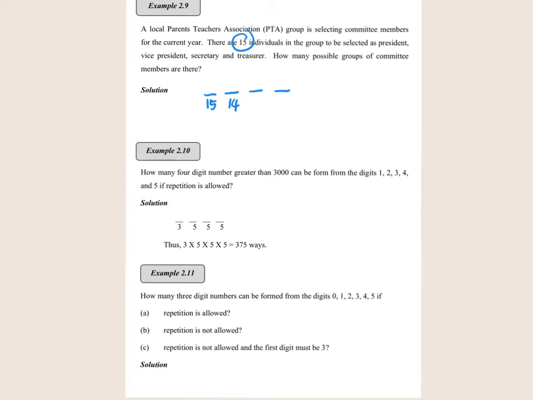The same rule applies to the third and the fourth slot. So for secretary, we also have to minus 1. So that means we have 13. And then the next one for the treasurer, 12. So the answer would be, you have to multiply everything. 32760 possible groups of committee members.